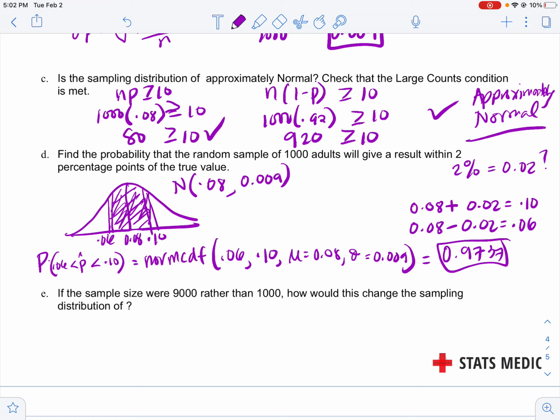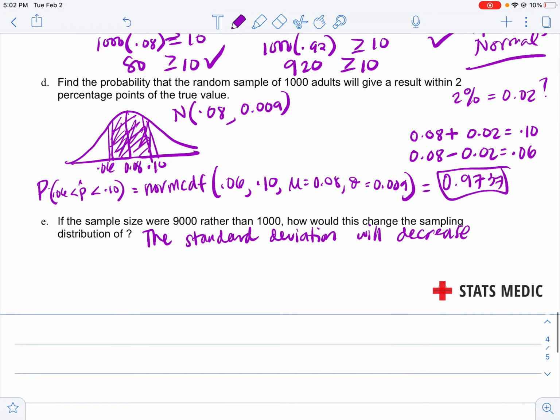But remember, when you increase the sample size, the standard deviation will decrease, so the variability will decrease.